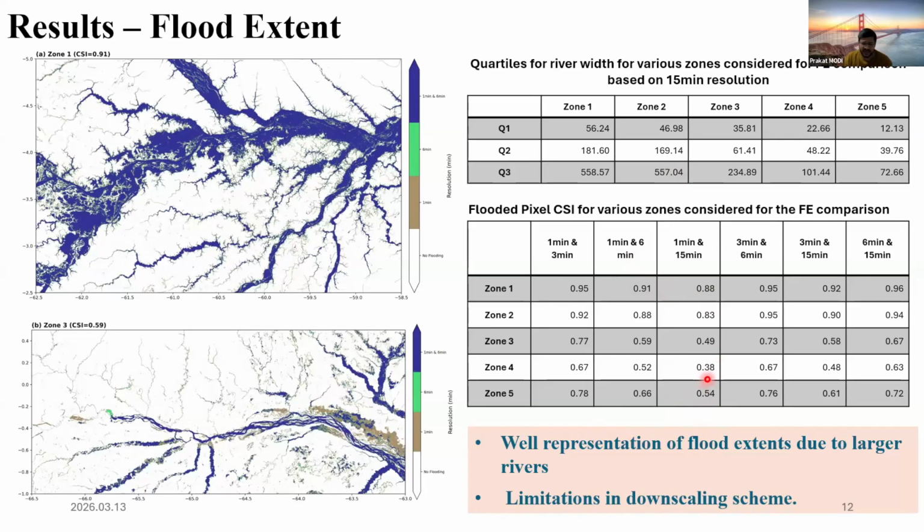This is mainly because for smaller channel sections there is a limitation in downscaling schemes. Also, we can't represent the smaller streams in the low resolution simulations, and there is also the backwater effect, which I discussed earlier. So these can cause a decrease in the comparison between the flood extents.